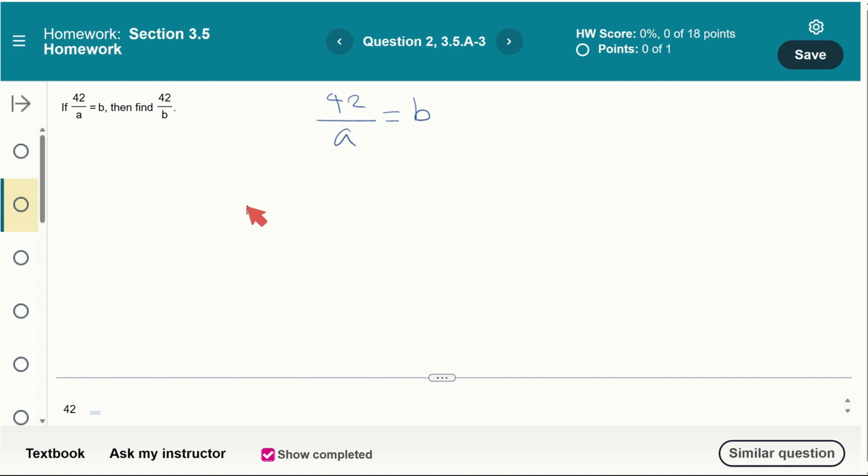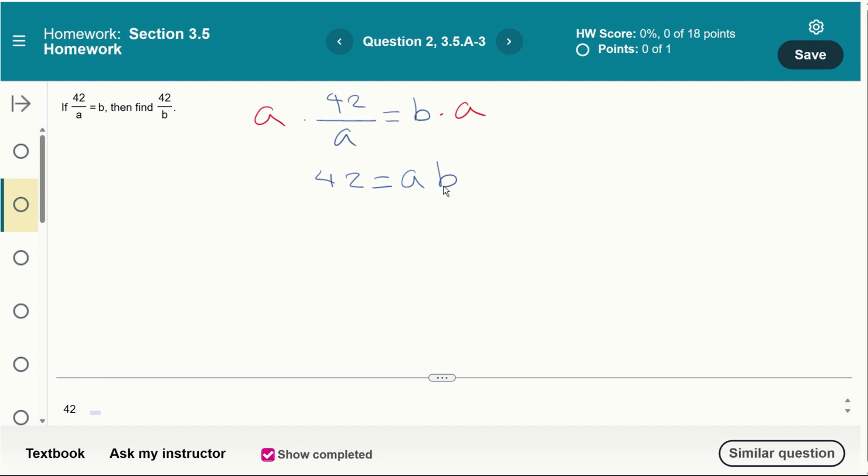So we use that fact to multiply both sides of this equation by A. Now that's going to give us 42 equals BA or AB.